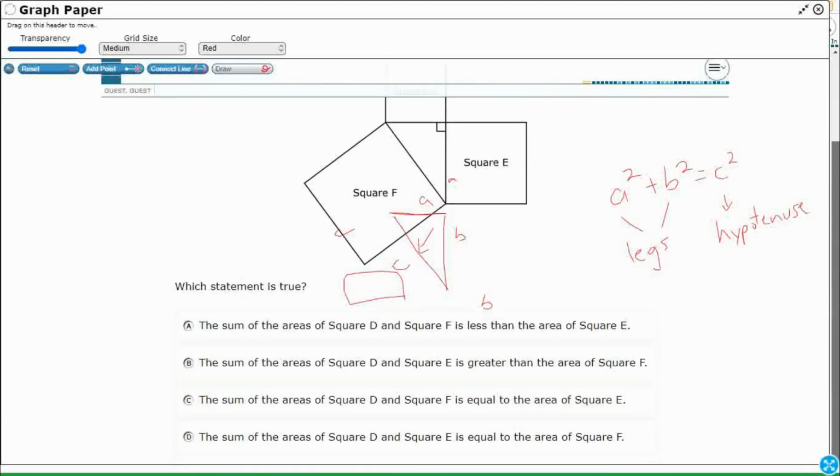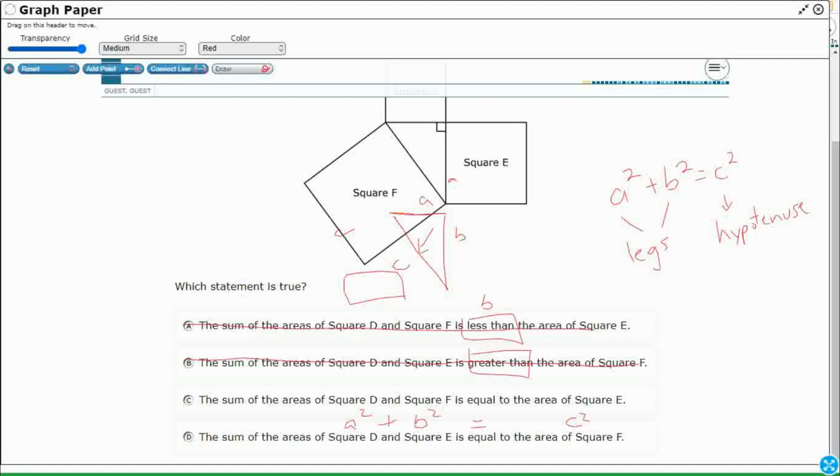We could take a look at our 4 answer choices, right? And we see that the sum of squares d and square e, right? So that's your a squared plus b squared is equal to the sum of square e, of square f here, and that's your square f is your c squared, okay? We can automatically eliminate a and b simply because they don't even say equal to. They say less than and greater than.